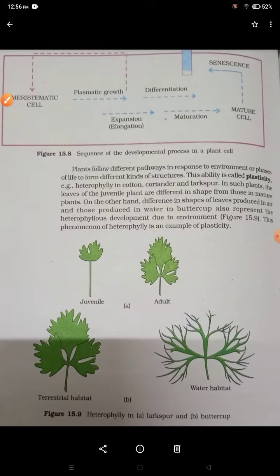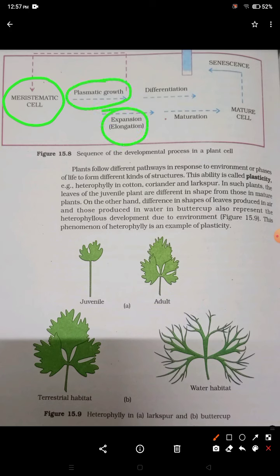Here is a sketch which is given in your NCERT book, showing the different stages of development. Cell division takes place, meristematic cell is there, protoplasm synthesis takes place, this is called elongation.